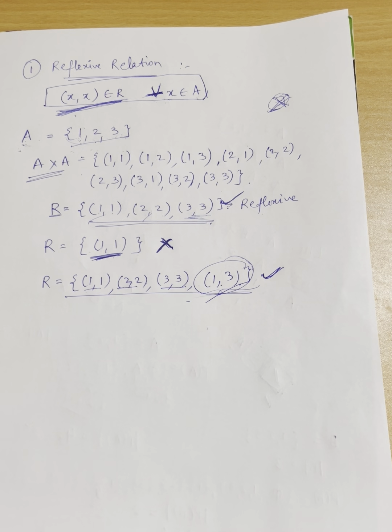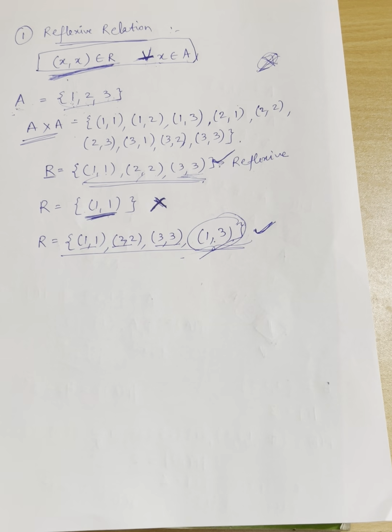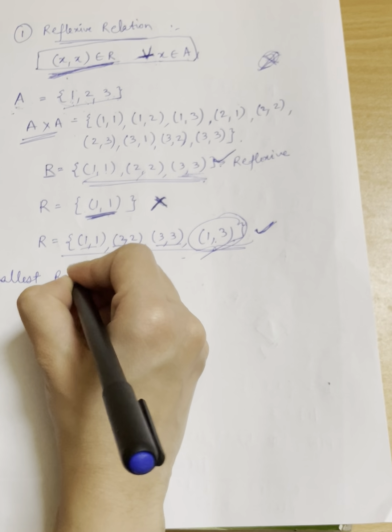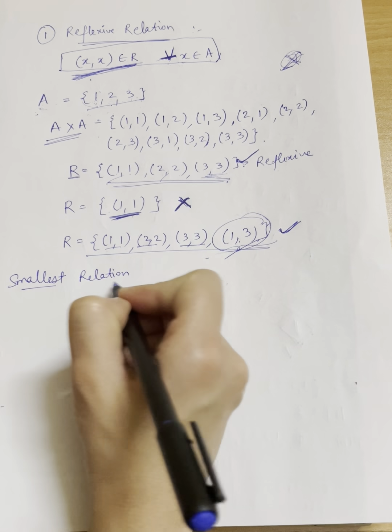So these are the three common relations through which I think reflexive relations are now clear. Now one more question on reflexive relations: if someone asks for the smallest relation which is reflexive and the largest relation which is reflexive, we need to find them.